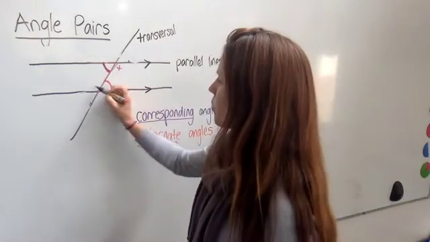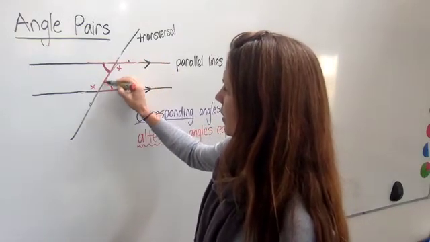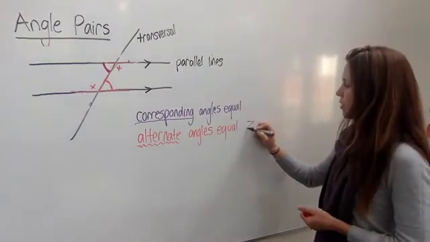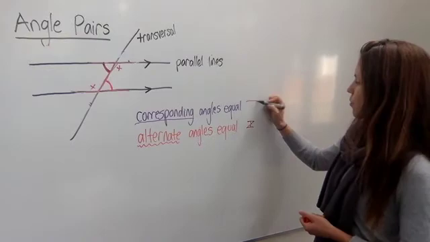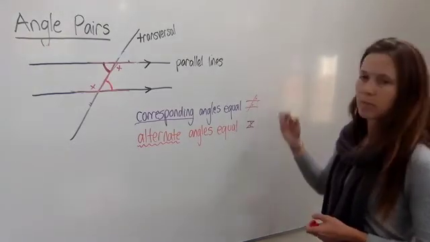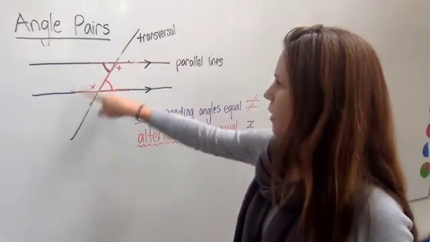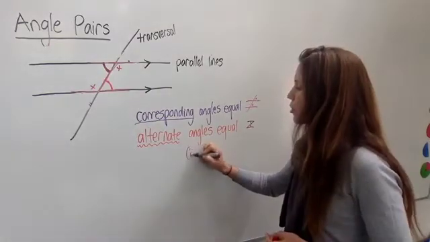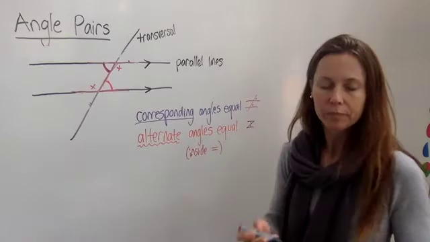This one would be alternate to this one. And if I highlighted those, it's almost like a Z, but a back to front Z. So the alternate angles, they look a little bit like a Z in there like that. The corresponding angles, they look like this. All right. The alternate angles are not up here and down here, they're really just inside the parallel lines. So you might want to jot that down, inside the parallel lines.